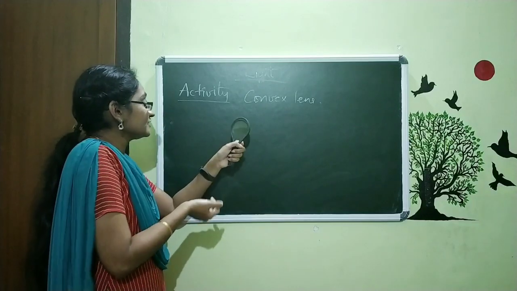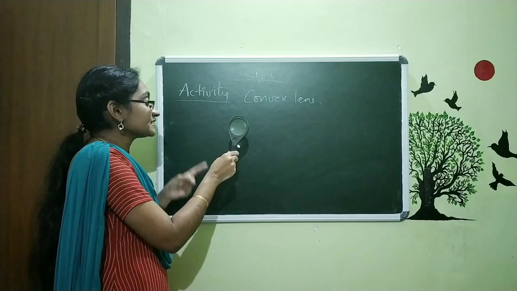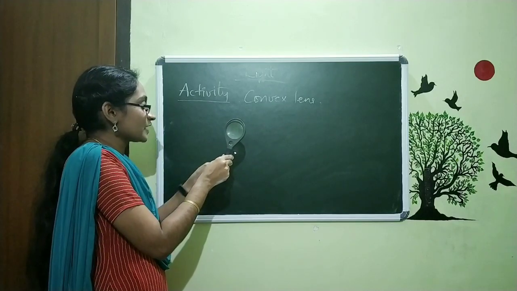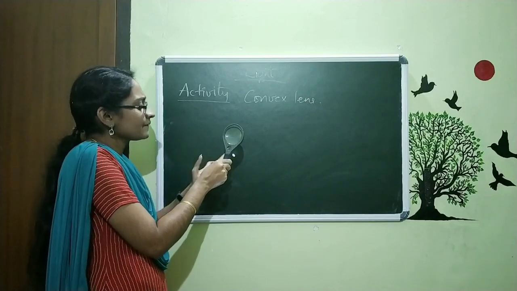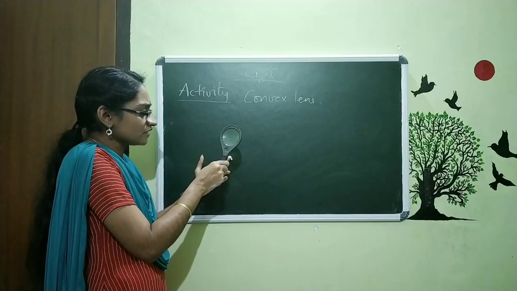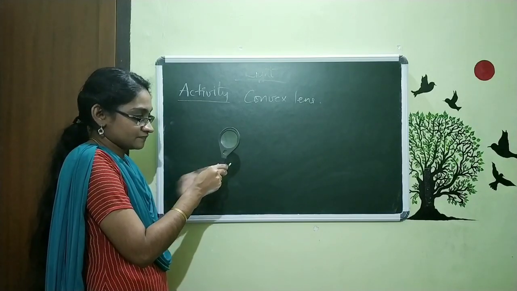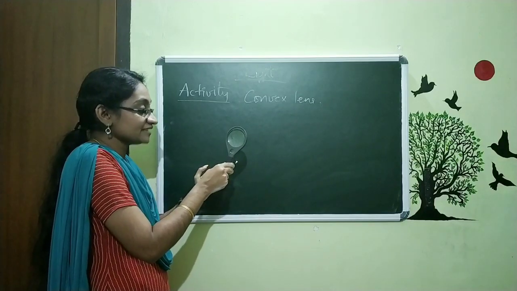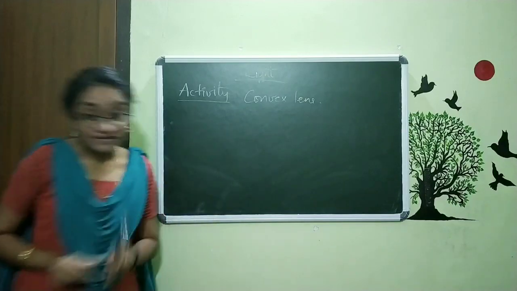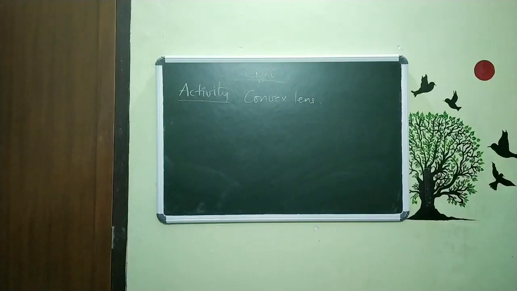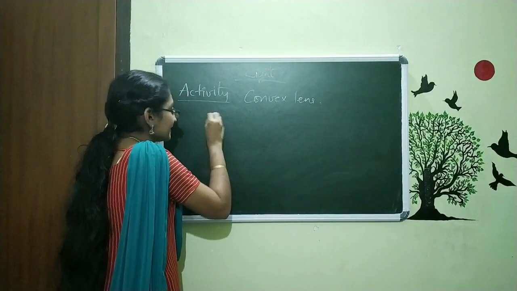When you focus the light on the wall, at a particular point you can see a very bright spot on the wall. This is the bright spot I can get because of the light that is present. And in our experiment, we want to do the same procedure with the help of sunlight, not with the bulb.